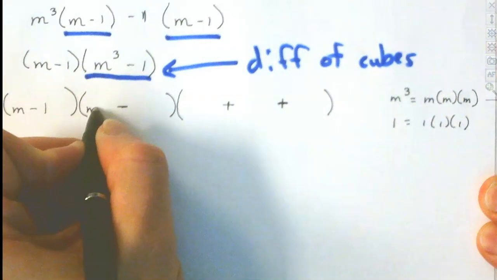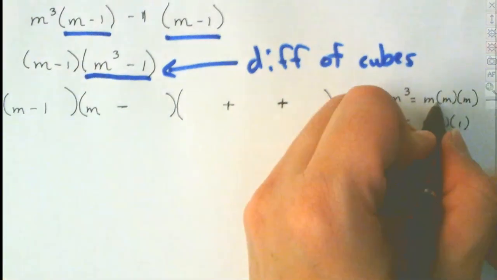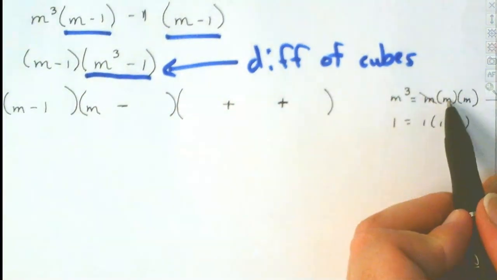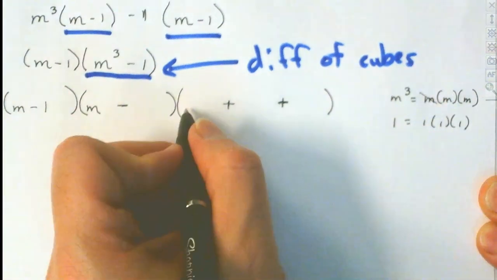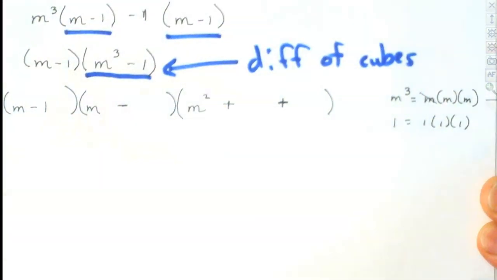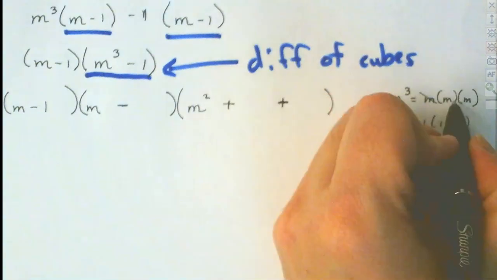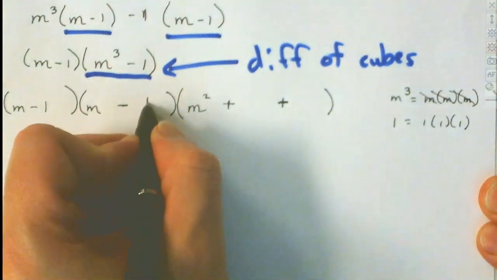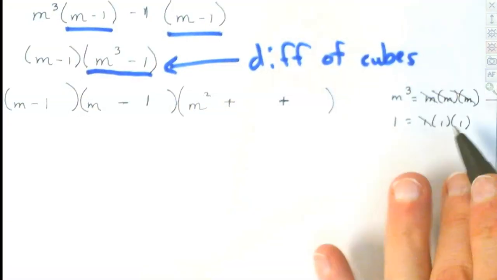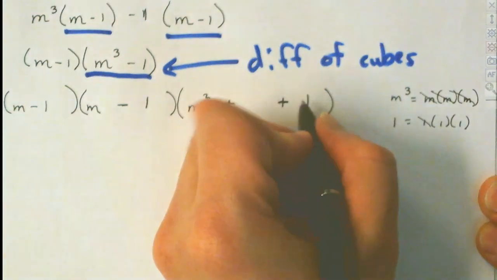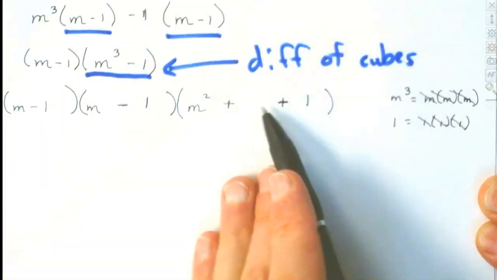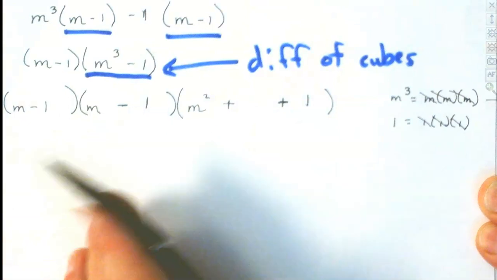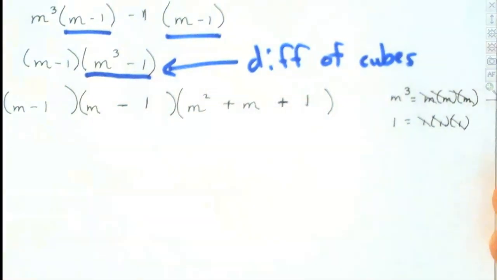So we take our m, we put it here, gone. What's left over? M times m, which is m squared. That's gone. Then we have a 1, right? What's left over? 1 times 1, which is 1. That goes here. What goes in the middle is those 2 put together, which is just an m.